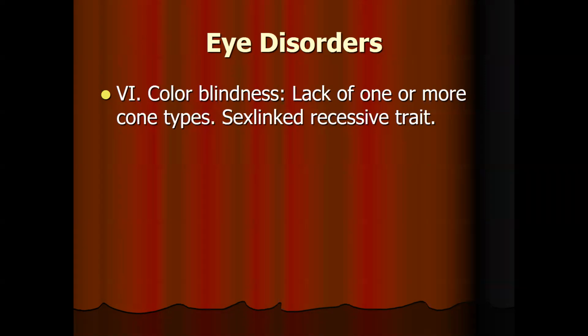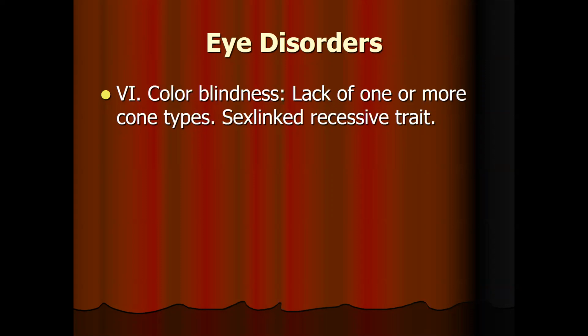And if you got the bad gene, there's not another gene to make up for the problem. Females, on the other hand, need to have two bad genes. So we would have to have a colorblind dad and a carrier colorblind mom who had a colorblind father in order for a female to be colorblind. So she'd need a colorblind dad and a colorblind grandpa in order to be colorblind herself.